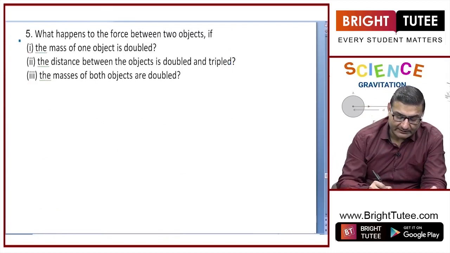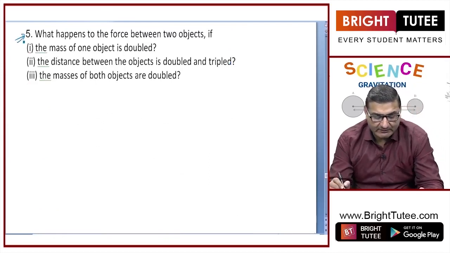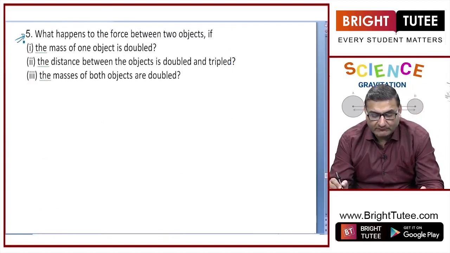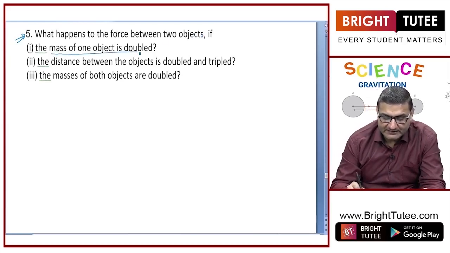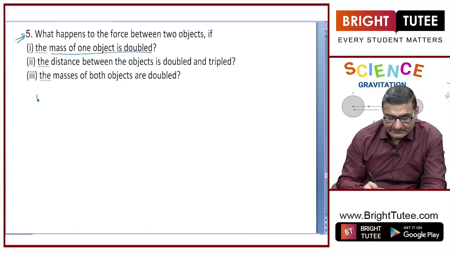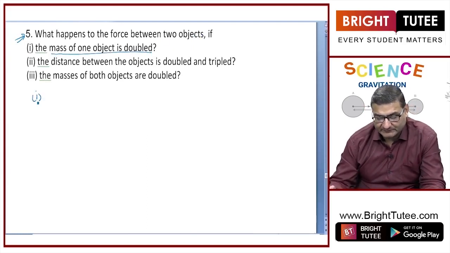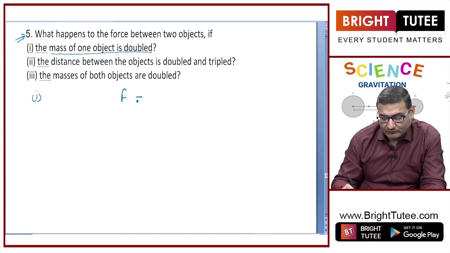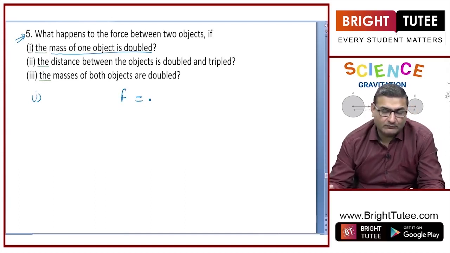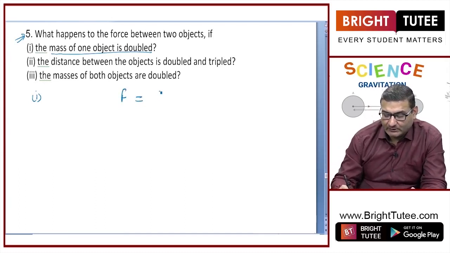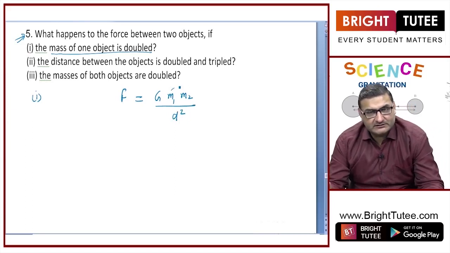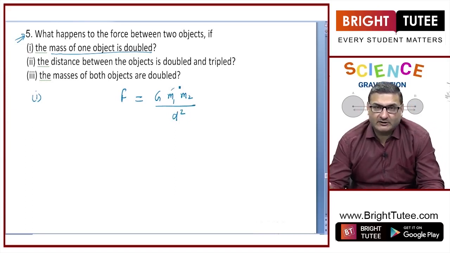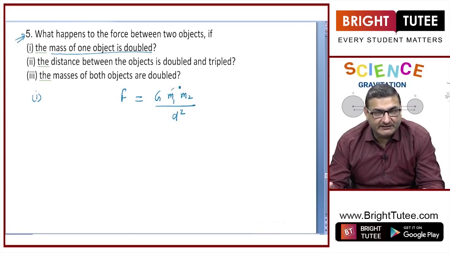Now, this is quite an important question. Let us try to relate what happens to the force between two objects if the mass of one object is doubled. Let us take the first case first. We know that the force exerted by any two objects on each other is equal to G m1 m2 upon d square, where m1 is the mass of the first object, m2 is the mass of the second object, and d is the distance between them.